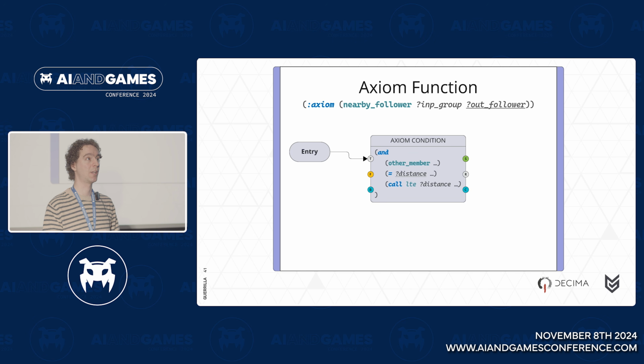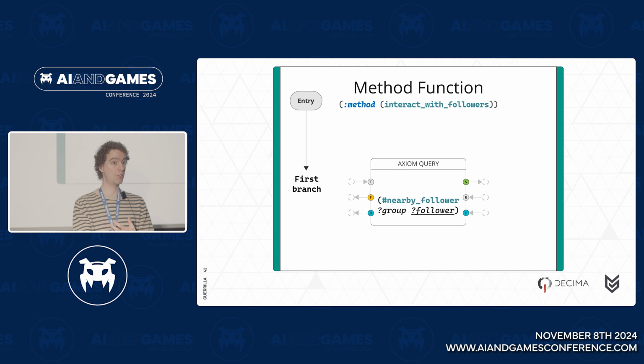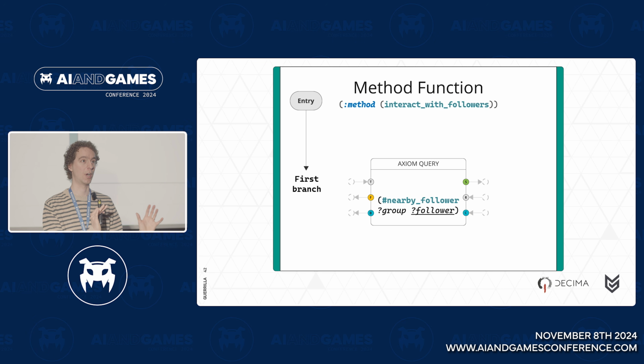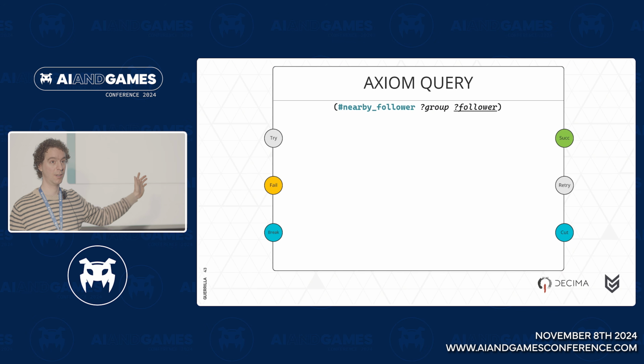The second view is that of the method that contains the query. So when entering this, this function will evaluate the first branch and its first condition, and then somewhere there is our query. And the third view is that of our zoomed in box of this query. So we'll zoom in here.